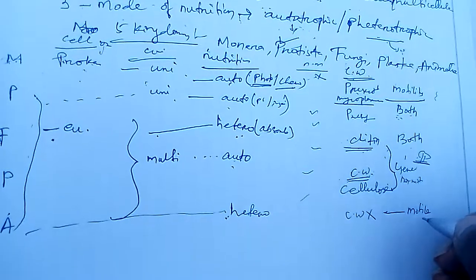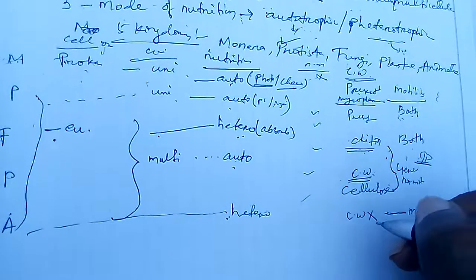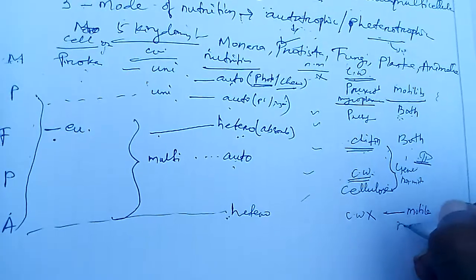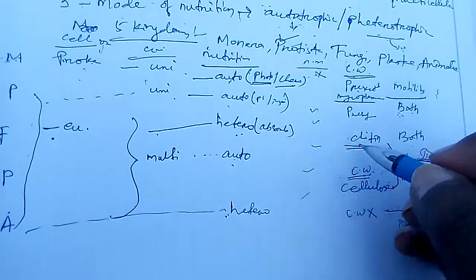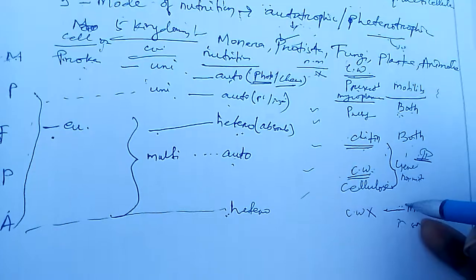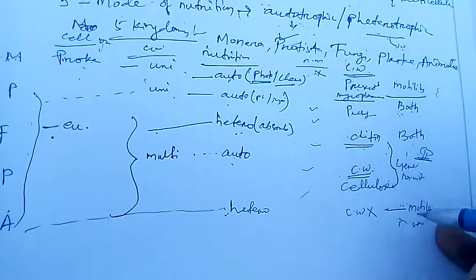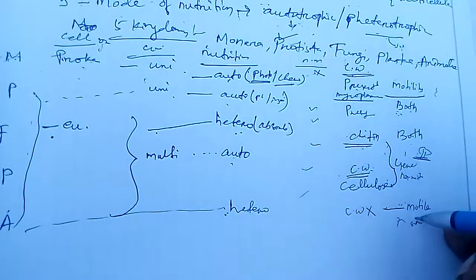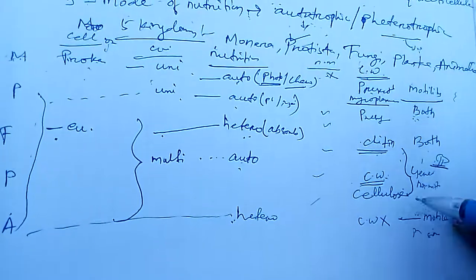They move from one place to another. Or you can say all animals are motile in some of their life stages. Maybe in the larval stage they are motile, after that they become immotile. Okay, so this is another point of separation.